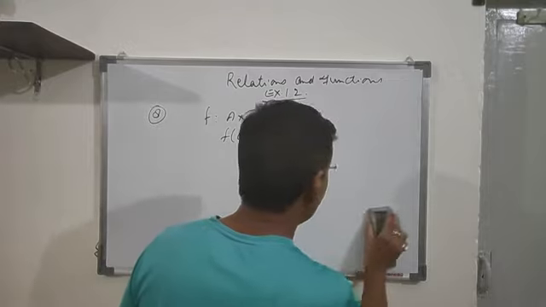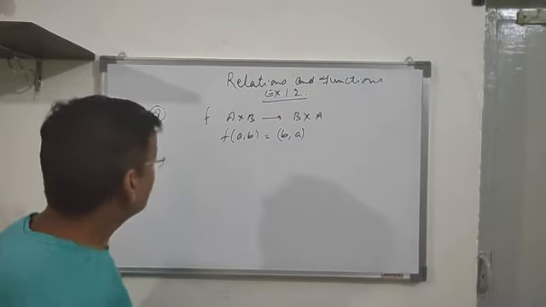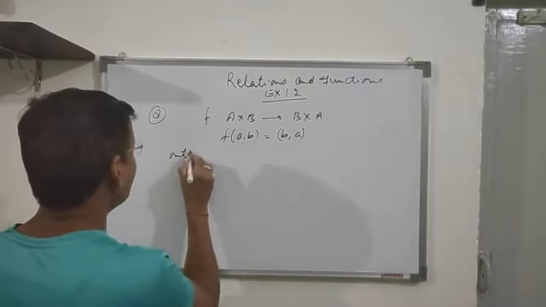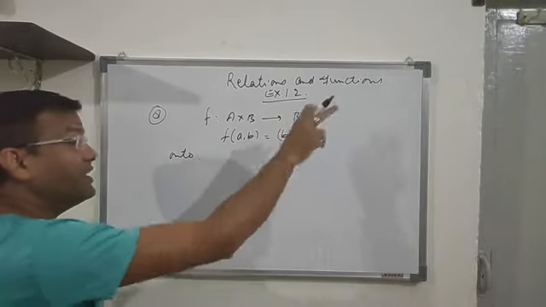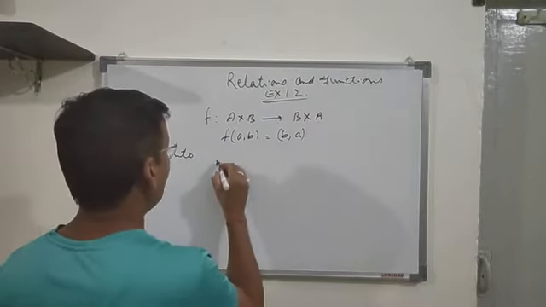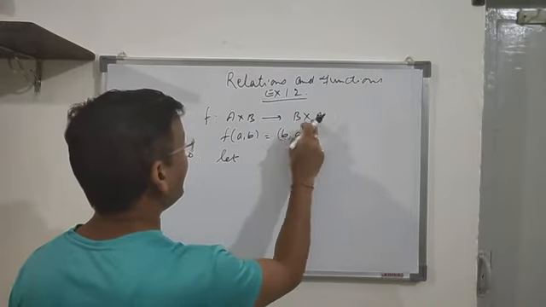This onto part says that every element of the codomain has a preimage. So we have to take an element from the codomain.